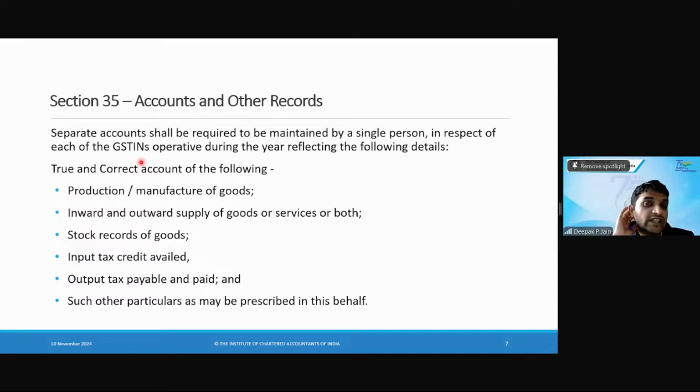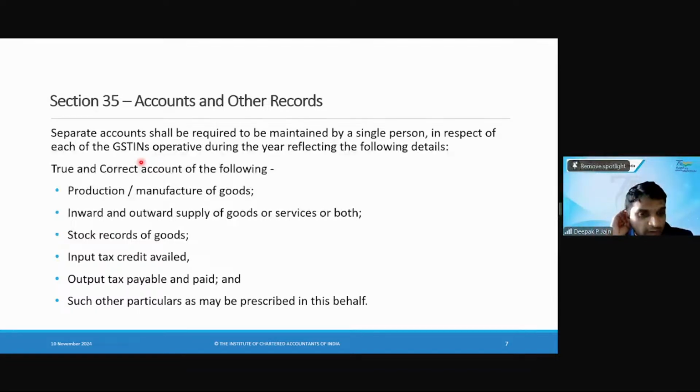So for each GSTIN, wherever he has branches in a different state, he will take a separate GSTIN number, and for each of those GSTIN numbers, separate accounts have to be maintained. What accounts have to be maintained now? Very important, because this is the point we are trying to understand. They have to maintain a true and correct account of the following.